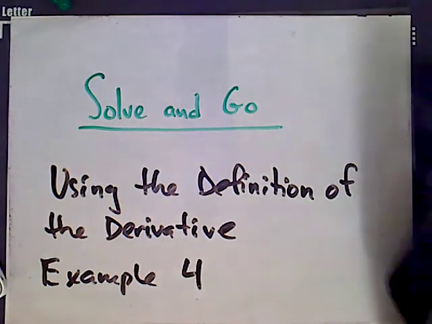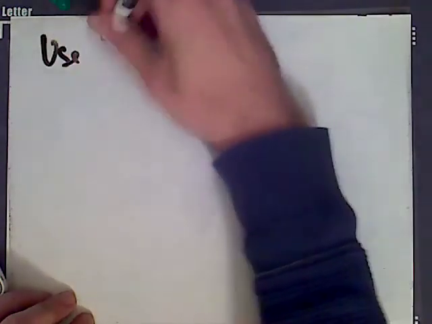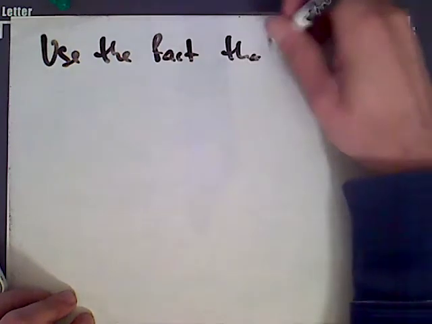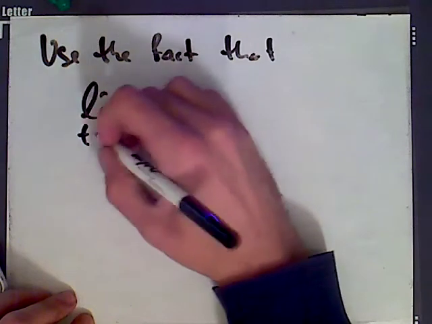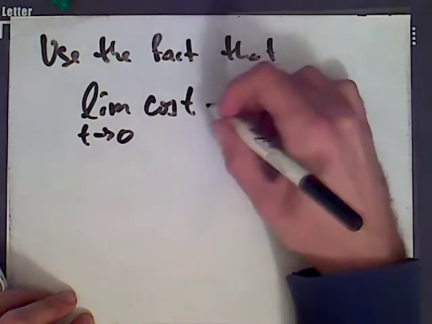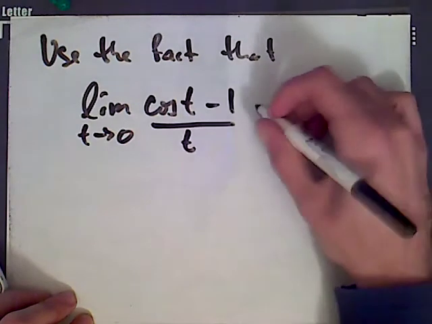In the next video, I'm going to give a fourth example of using the definition of the derivative to get the derivative of the sine function. This example is going to be a little bit harder. So we want to use the fact that the limit as t goes to 0 of cos of t minus 1 divided by t is 0.